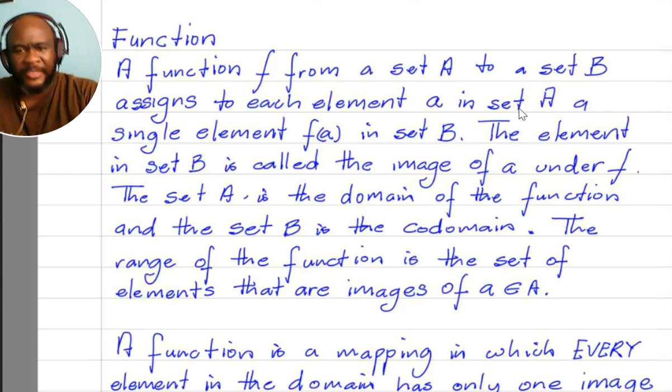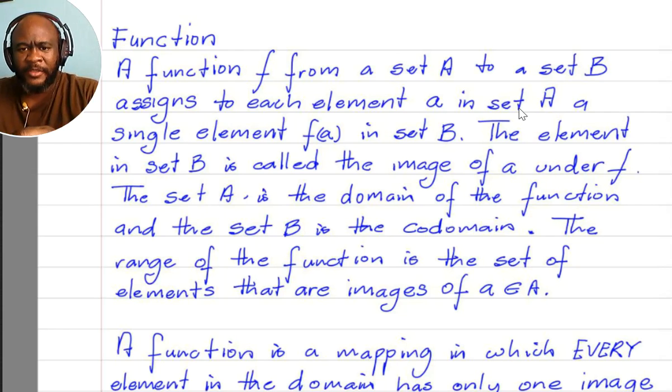So a is an element in set A, and f of a would be the corresponding element in set B. The set A is the domain of the function, and the set B is the codomain. The range of the function is the set of elements that are images of a in the set A.